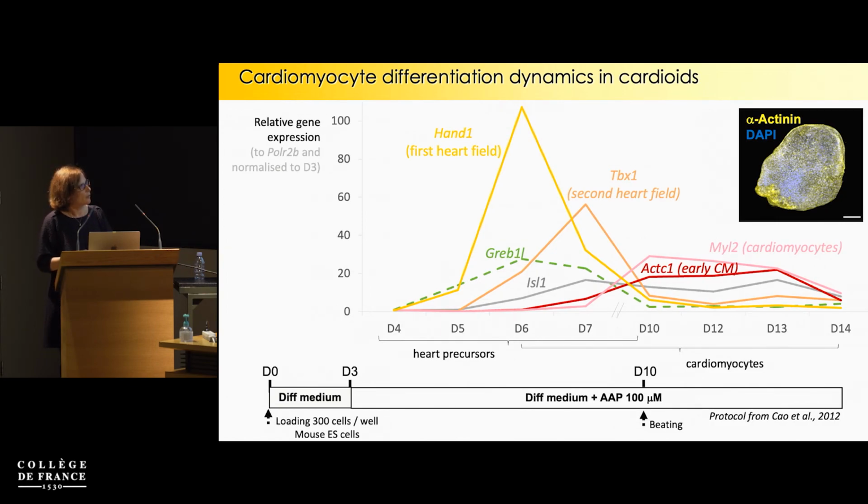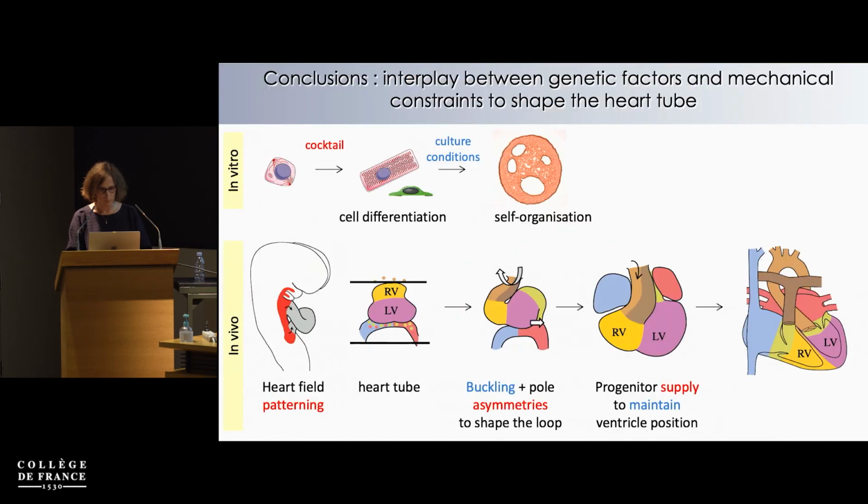We can even plot in this diagram the expression of Grhl1, which you see is specific to the precursors. This will provide us a tool to assess in more detail the mechanism of Grhl1 during the course of cardiomyocyte differentiation. This is work for the future, and potentially, as Anne has nicely shown, how this compares in mouse cells with human cells.